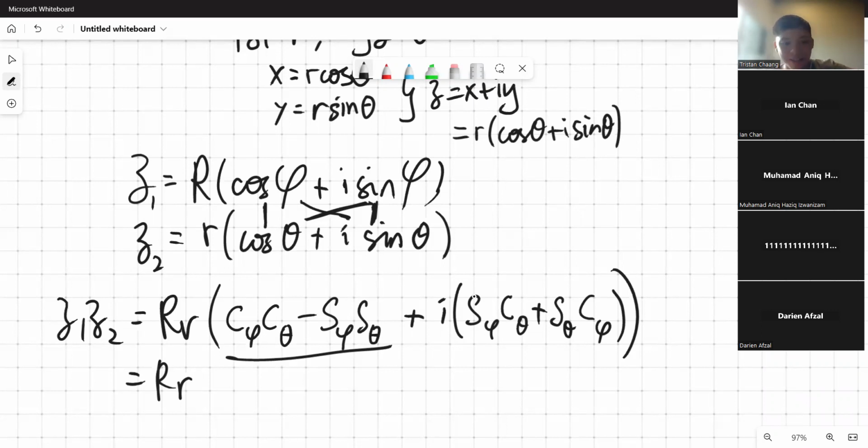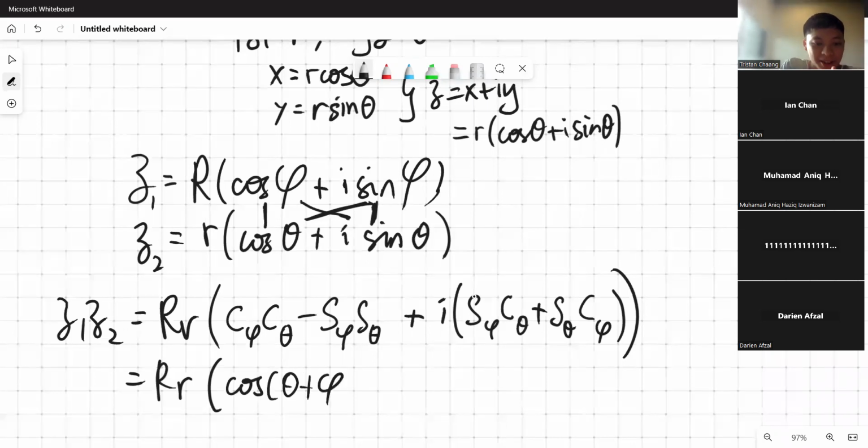Yeah, the cosine addition formula. Of course, if you don't know this, it's okay, but you can read it up afterwards. So this is basically just cos of theta plus phi. And the other one is just sine of theta plus phi.